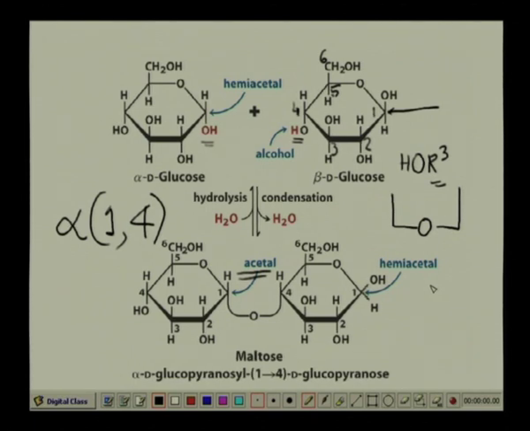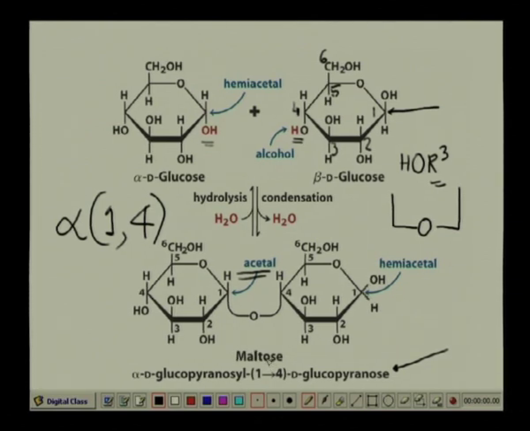This is the formation of a disaccharide, and we are going to look at specific linkages, because if this name is given to you, you should be able to draw the structure of the disaccharide formed, because you know the structure of glucose. If you have 2 glucopyranose units, it means you have 2 glucose units, and if the linkage is alpha 1,4, it forms maltose.